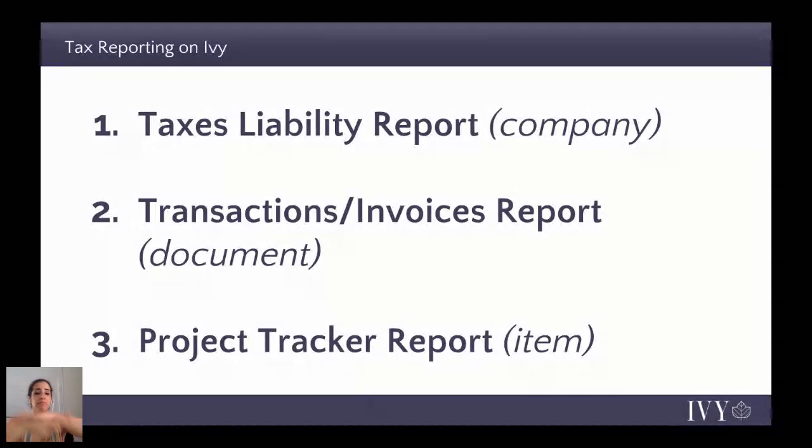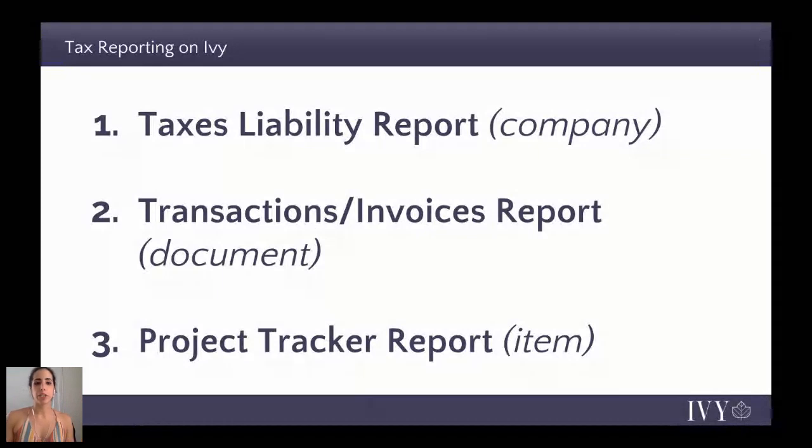That is overall, as a whole, no specific numbers, but it's good to have so that you can compare this to the more granular reports that you pull from documents and from items in Ivy. Okay, so taxes liability overview. I'll show you what that looks like in a second.